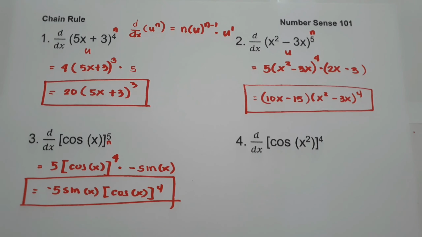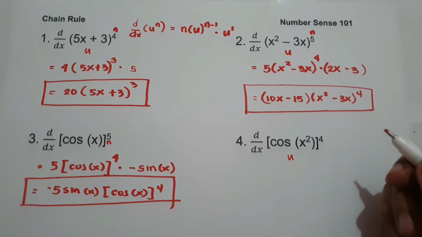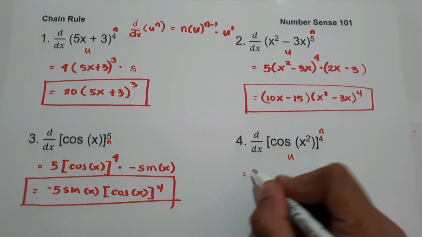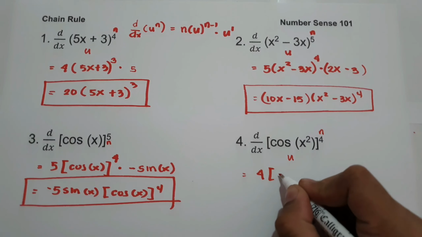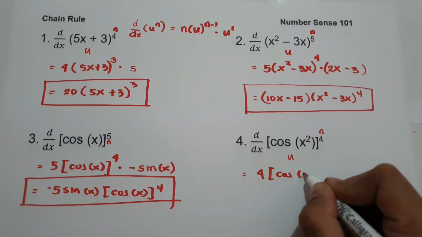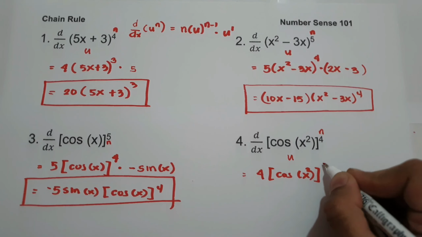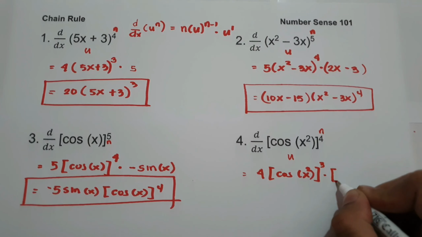On number 4, what is the derivative of cosine x squared raised to 4? So the value of u is cosine x squared, and the value of n, that is 4. So let us have n. We have 4 multiplied by u, that is cosine x squared, and then 4 minus 1, that is 3. And then we are going to get the derivative of inside.